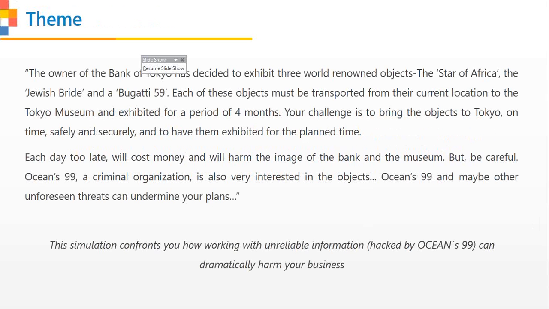At the same time, we all know that there are a lot of cyber criminals working at the back end to hack and steal those objects while they move from their respective origin to the Tokyo Museum. So that's a very broad theme for all of you today to understand how this simulation really works.